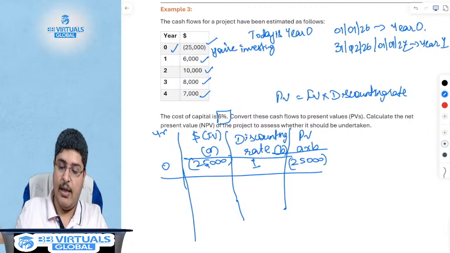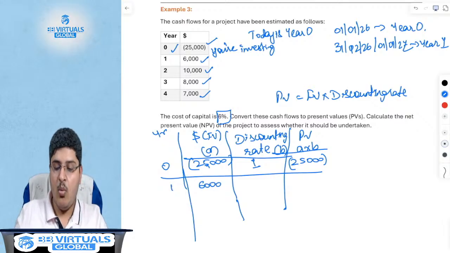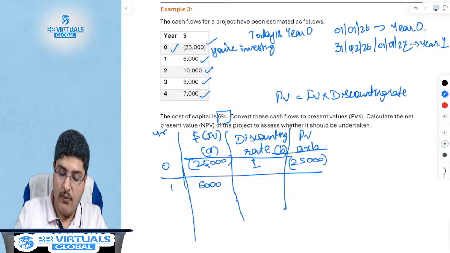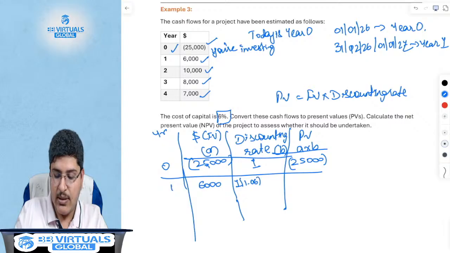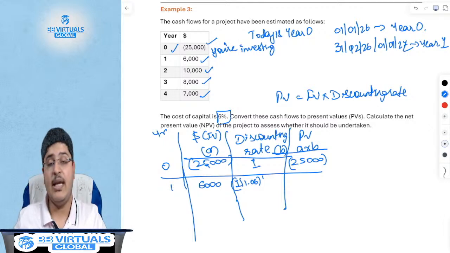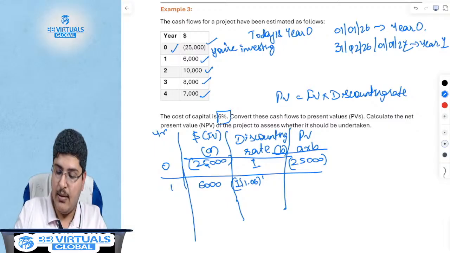In a year's time, you will get back 6,000 rupees. What is the discounting rate for year 1? It is nothing but 1 divided by 1.06. What is the cost of capital? 0.6, because it is 6%. This is raised to 1. Use your calculators. Say 1 divided by 1.06.